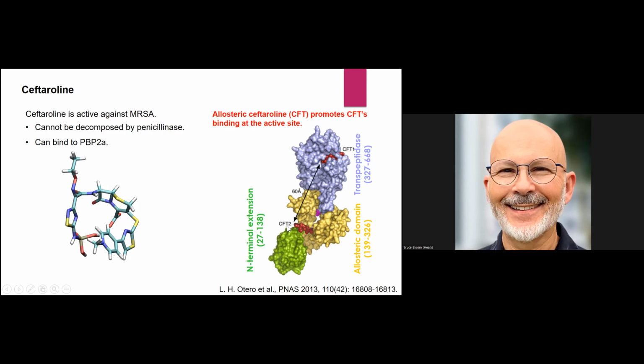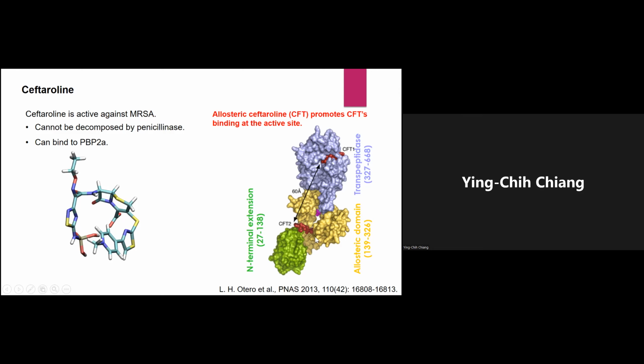The first thing is that the second ceftaroline at the allosteric domain binds at a rather exposed surface. There is a picture in the literature that looks like the second ceftaroline was clasped by the protein, but actually it's not. It actually binds on the surface.